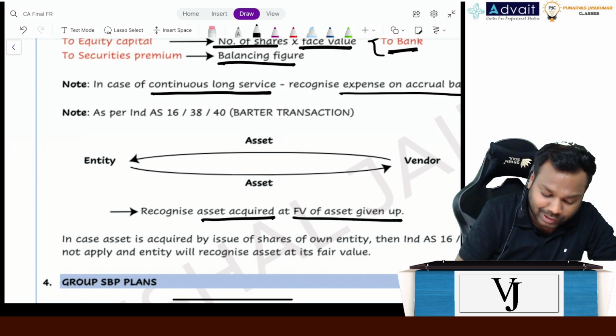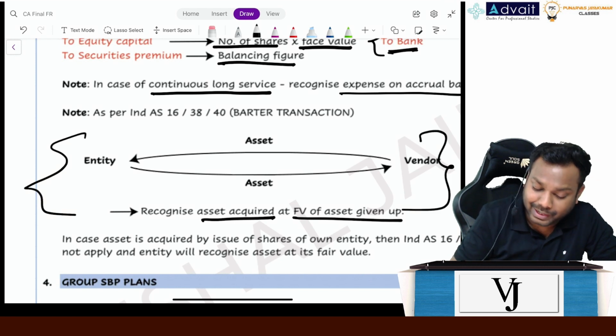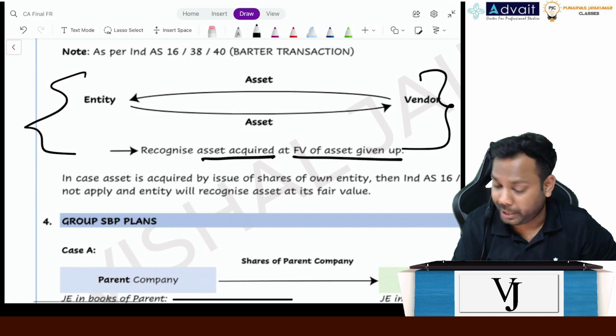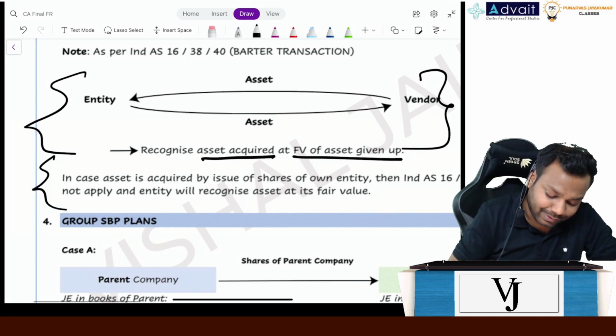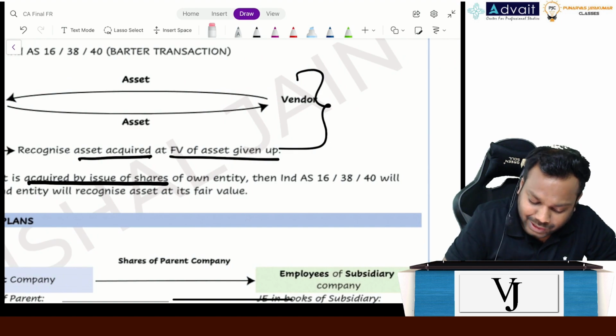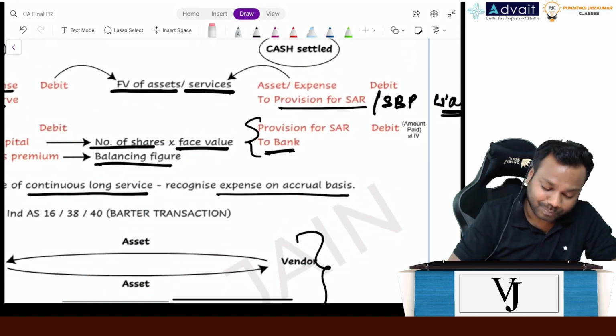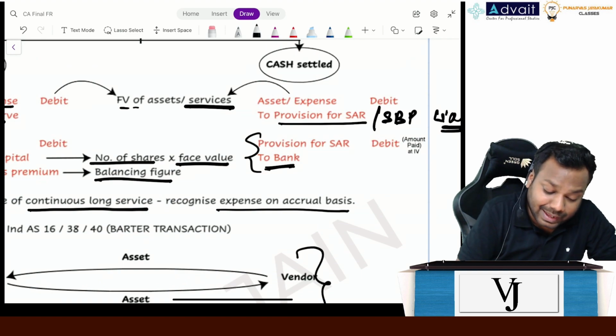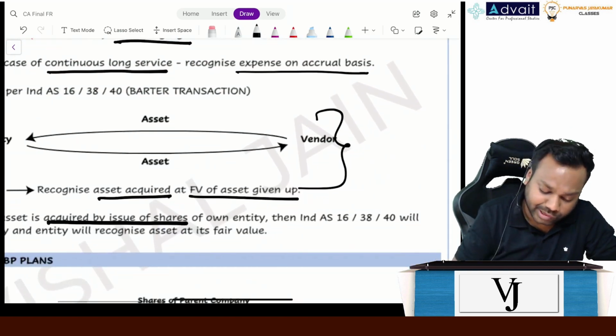But this was the case applied for Ind AS 16, 38 and 40. But Ind AS 102 gives an exception to it. In the case the asset is acquired by issue of shares of the entity, Ind AS 16, 38 and 40 says what? Fair value of the asset that you have received. Okay. So this is an exception to the general rule.